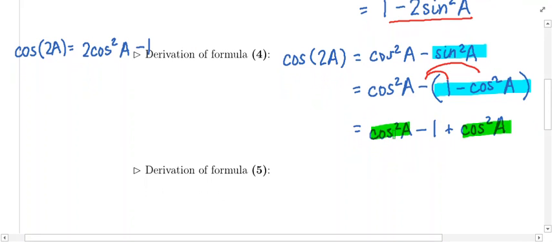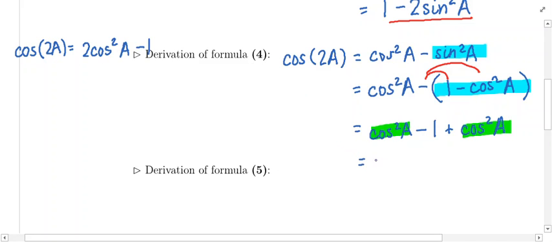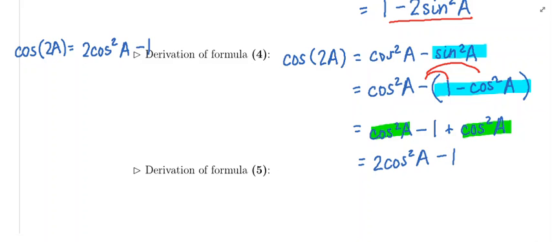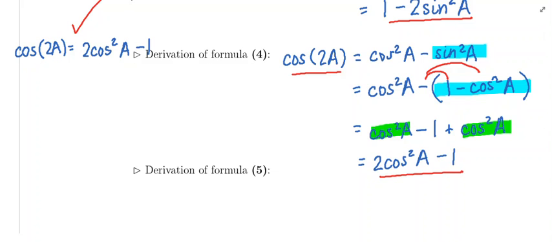I have 1 cosine squared of a right here, and I have another one right here. So I have 2 of them. So the green things will combine into 2 cosine squared of a, and then we'll just tack on the minus 1 at the end. And we have proved this identity. We have shown that the cosine of 2a is equal to 2 times the cosine squared of a minus 1. All right, one more to go.